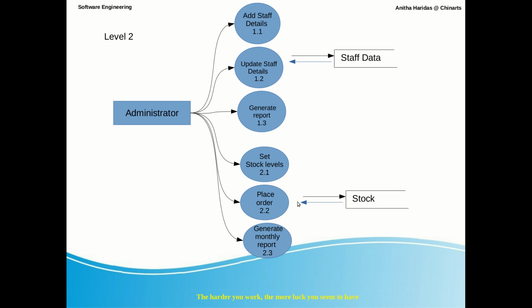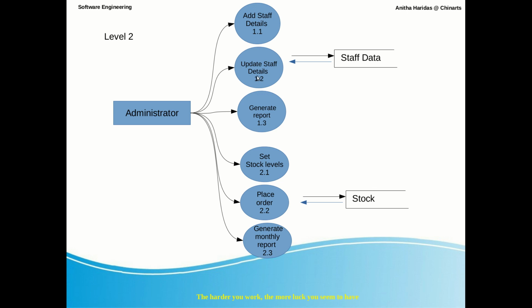Again, if you want to further decompose it into sub-process, suppose say for example setting the stock levels you want to further decompose, or updating the staff details you want to further decompose. How do you want to decompose it? This 1.2 you want to decompose into deleting staff details, modifying staff details.